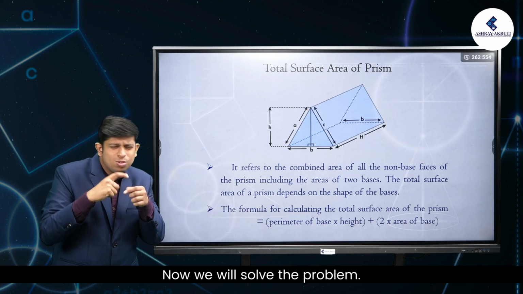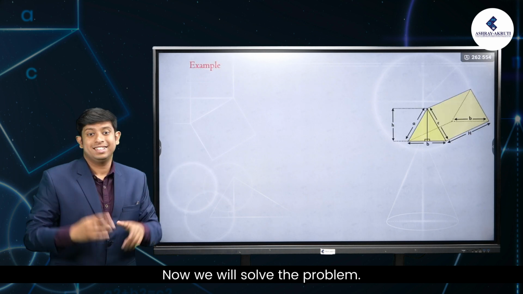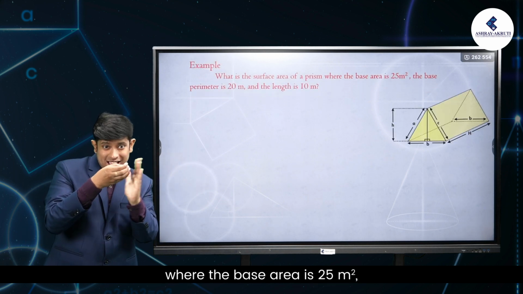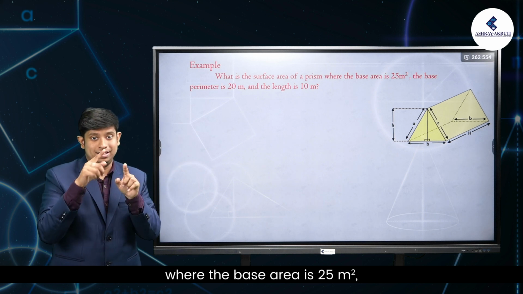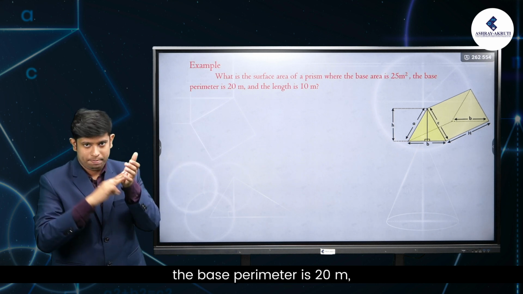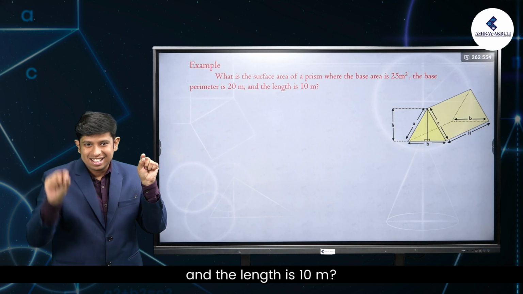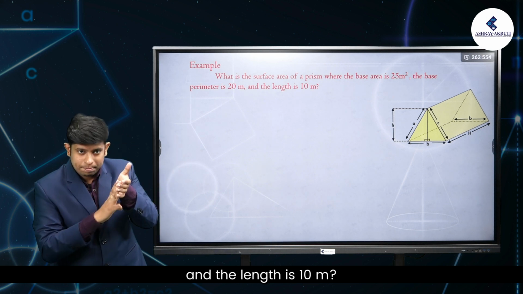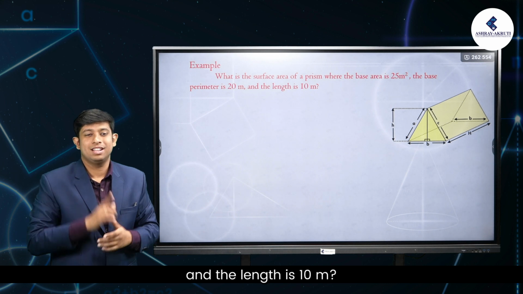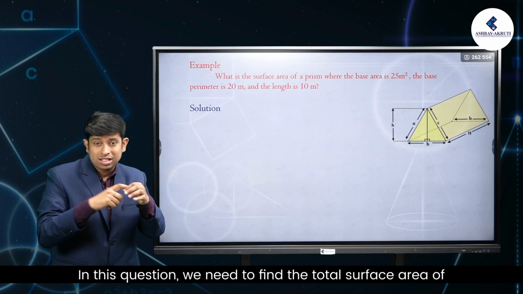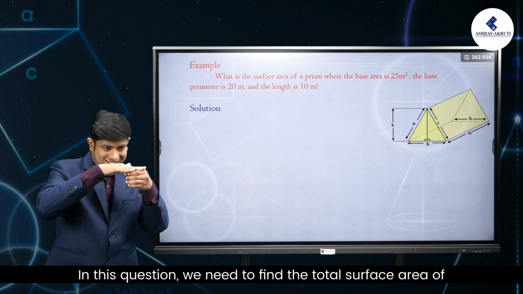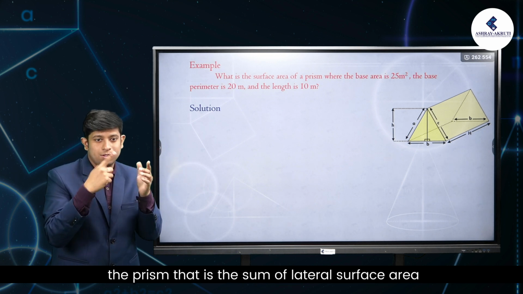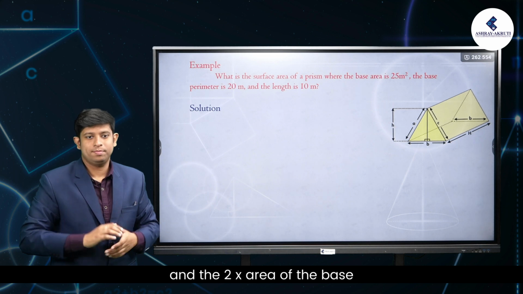Now we will solve the problem. What is the surface area of a prism where the base area is 25 meters square, the base perimeter is 20 meter and the length is 10 meters? Solution. In this question, we need to find the total surface area of the prism, that is the sum of lateral surface area and the 2 times the area of base.